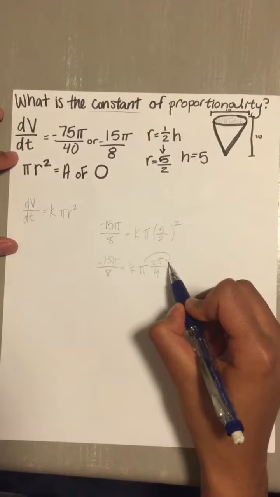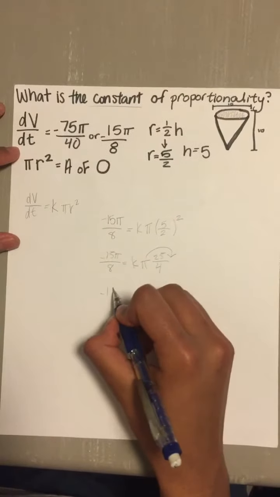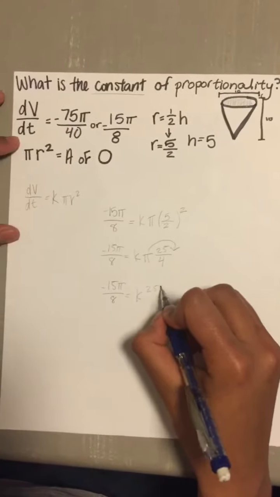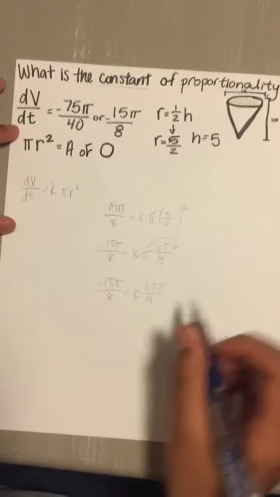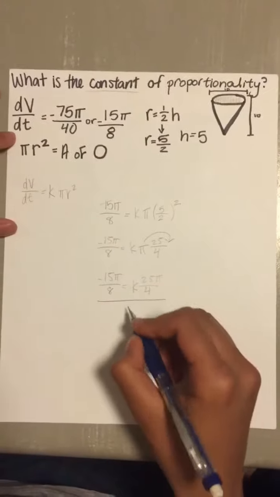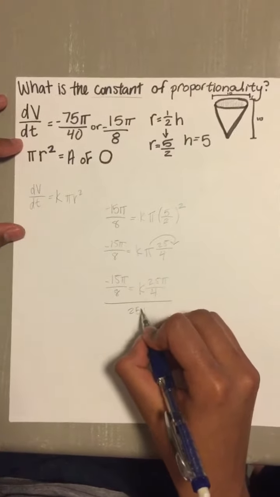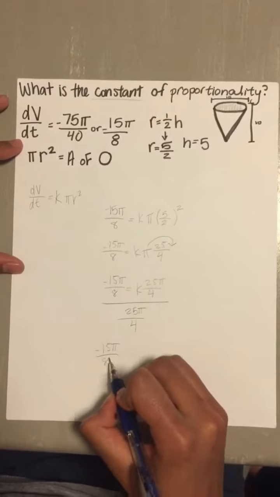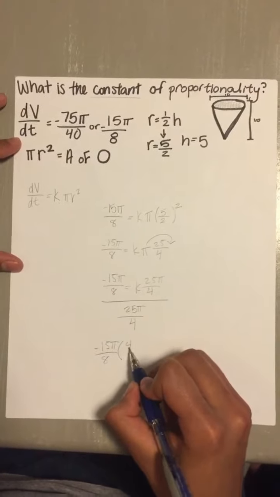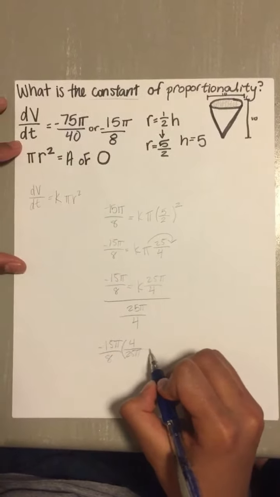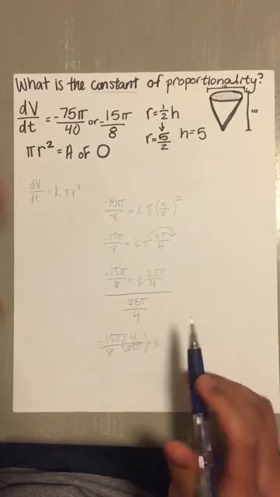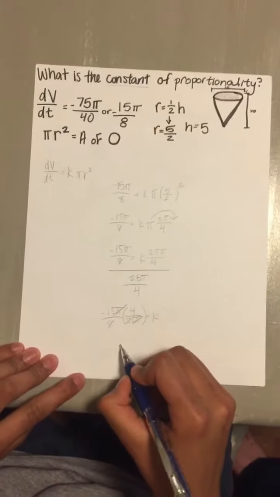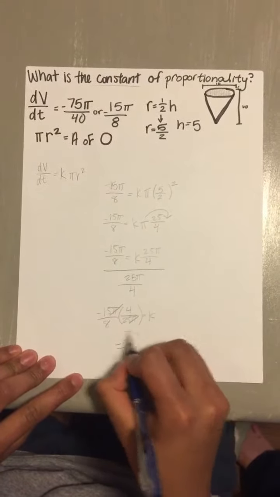From here, we can bring this pi over here. So -15 pi over 8 is equal to k times 25 pi over 4. Then we divide by 25 pi over 4. Then we have -15 pi over 8 times the reciprocal, which is 4 over 25 pi, is equal to our k. So from here, you can do multiplication. These pi's cancel out, and you're left with -3 over 10. You will not need any units.